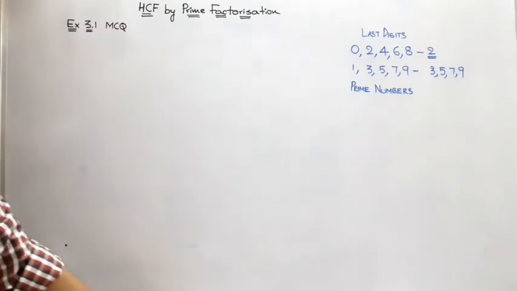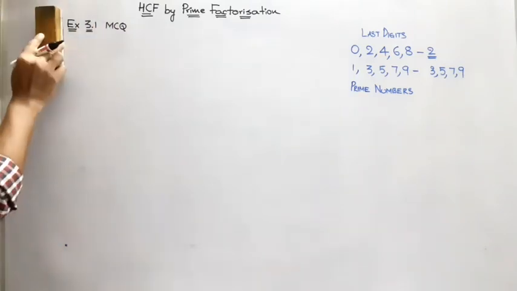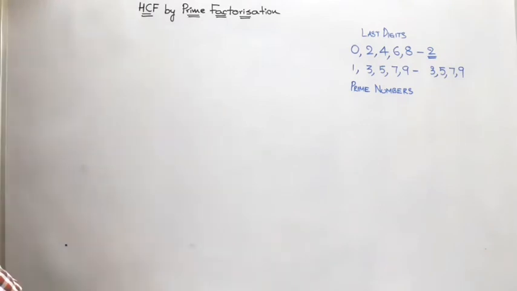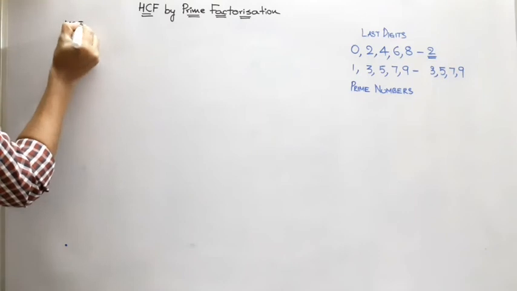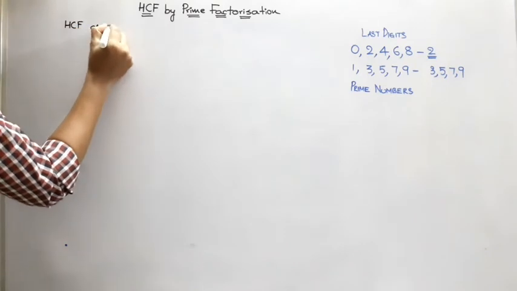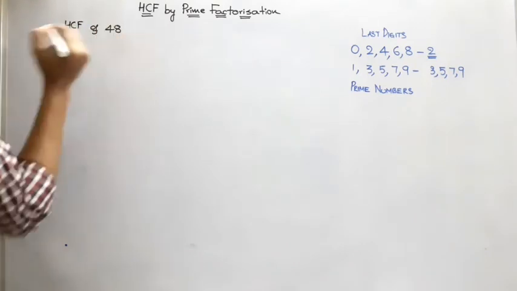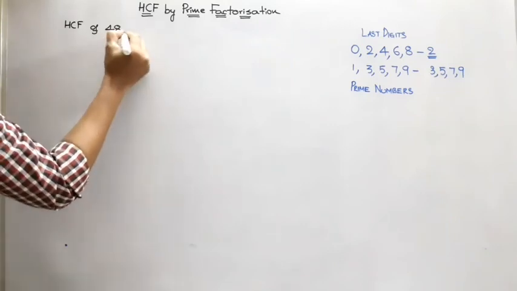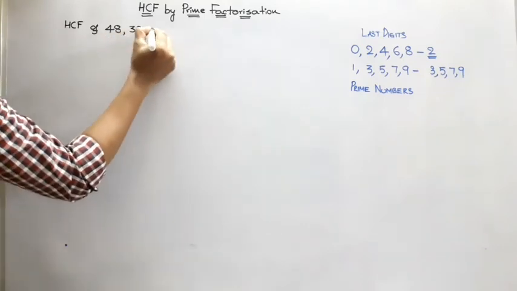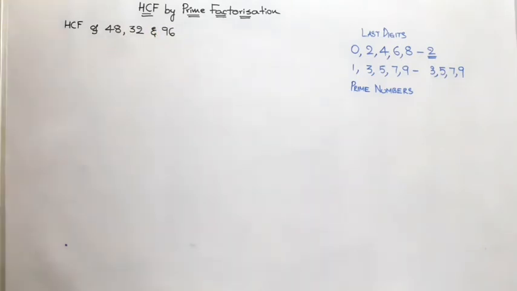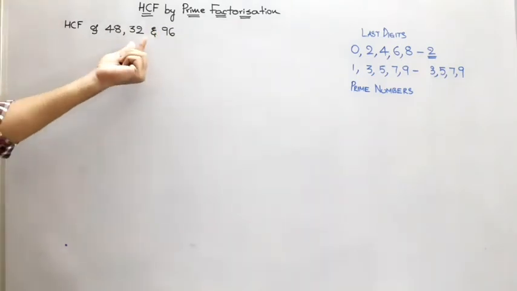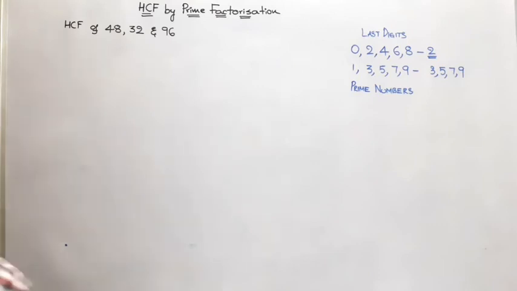So, the question is, find the HCF of 48 and 32 and 96.